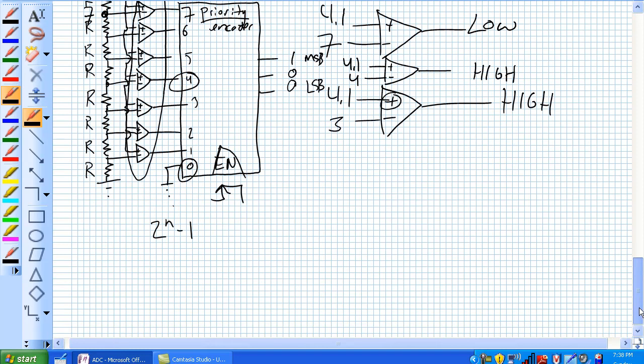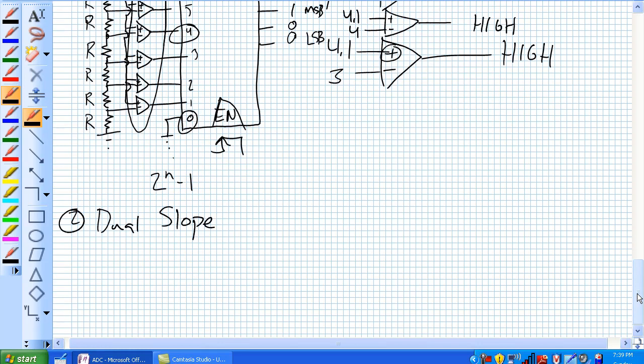Okay, the next guy that we're going to discuss is dual slope. Okay, dual slope analog to digital converters. Well, first off, it uses a capacitor, which if you remember right, is an energy storage device.